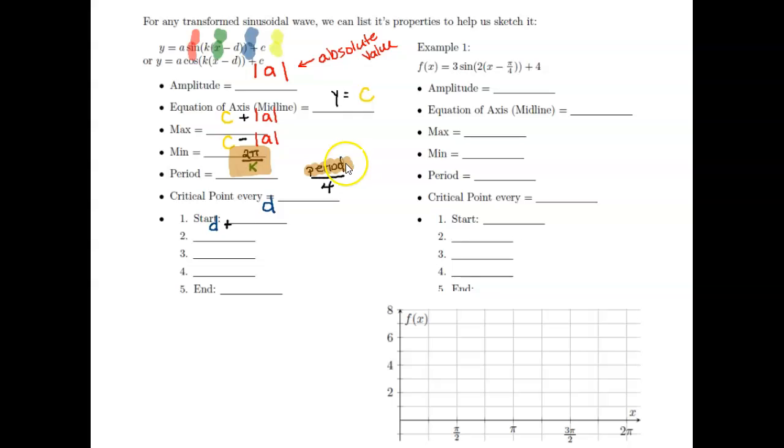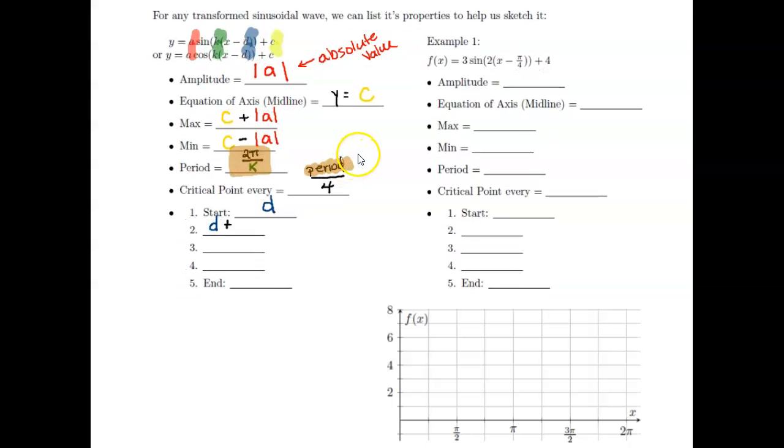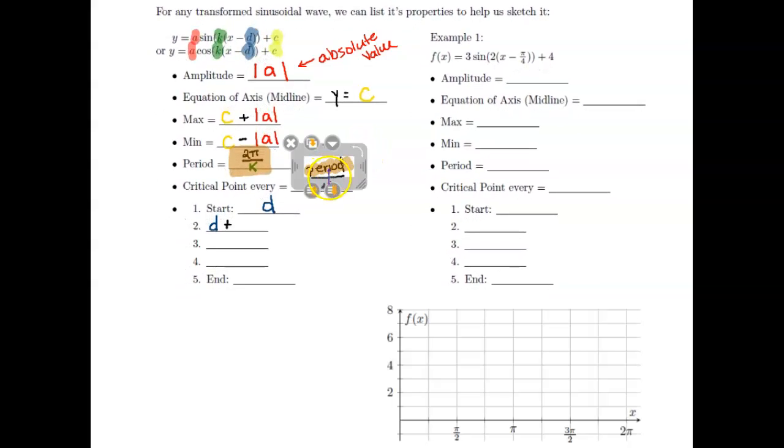Okay, so let me see if I can actually, can I pick all that up? No. Ooh. So I'll write it out. It's going to be this D plus the period over 4. Okay, like I said, you'll see it in a second. From here, whatever that equals is my second critical point.